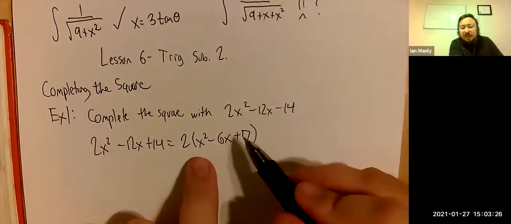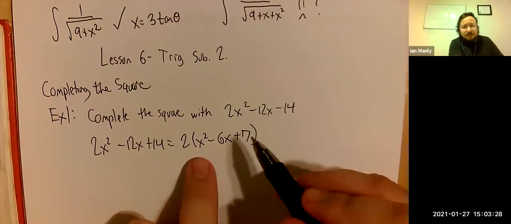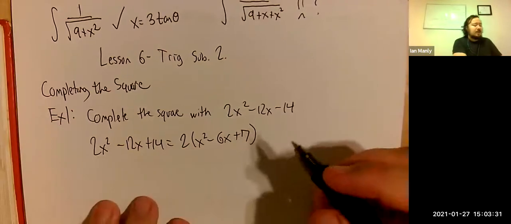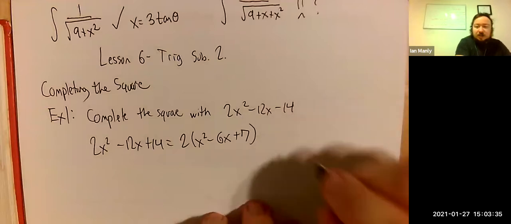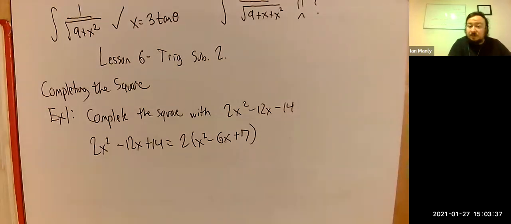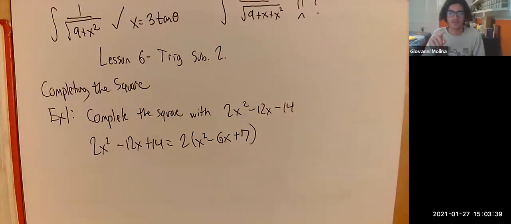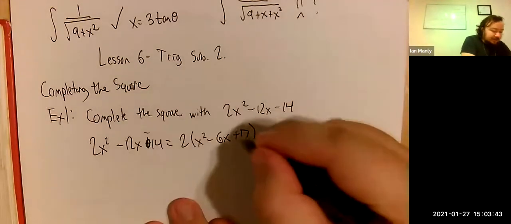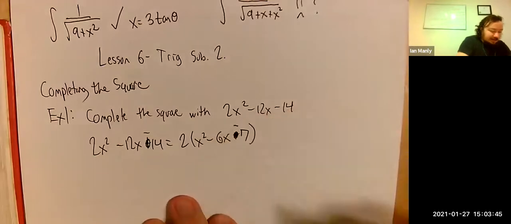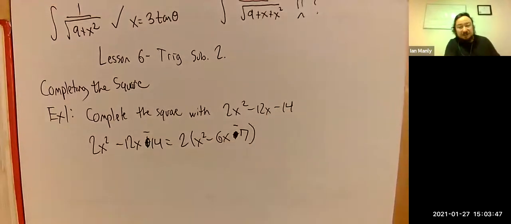You technically don't need to do this to complete the square, but it's a lot easier if you do it this way. Is it minus 14? Oh, you're right, thank you. It is minus 14, that would screw us up later because this example ends up being part of something else.